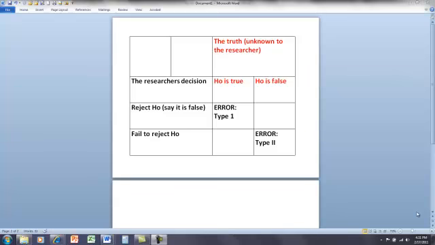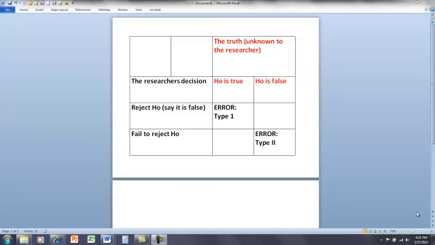But this is why statistics were invented, to evaluate what is true by making inferences or making decisions about what might be true, but knowing that we might be wrong. And so we recognize that when we make a decision, sometimes we'll be right, but sometimes we'll be wrong. And we never know when we're going to be wrong, because we never know what the truth is.